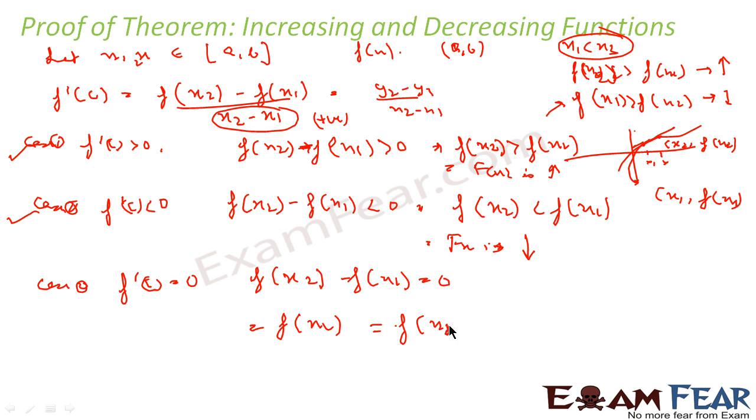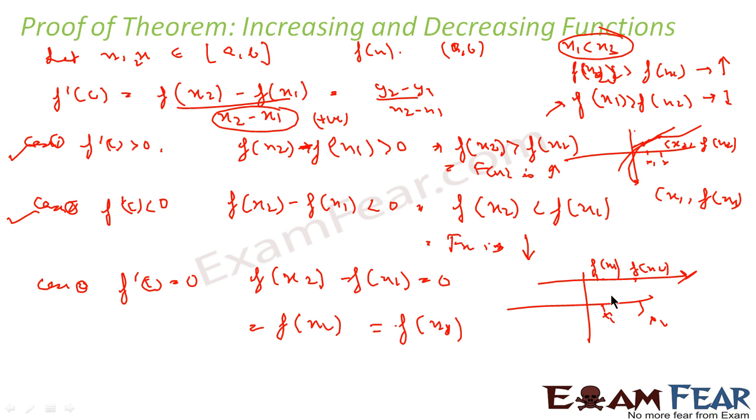If that is true, that means function is constant, like this. You take any values x2, x1, this is the same. This is f of x2, this is f of x1. This is x1, and this is x2. Correct?